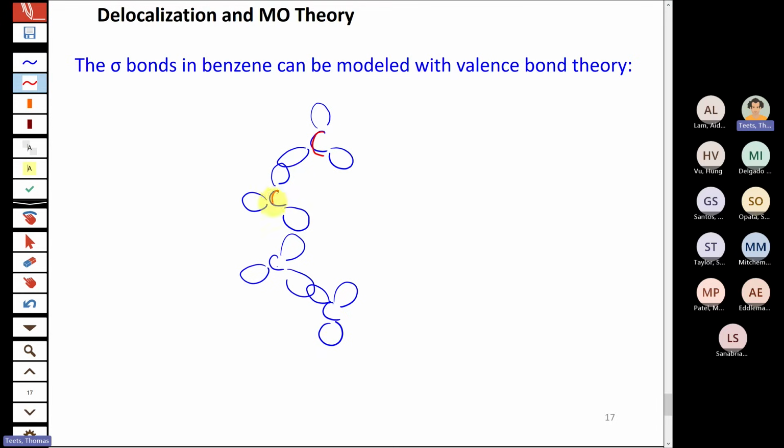So each carbon atom is there in the ring. It's going to be distorted. I apologize for that, but I failed kindergarten for having bad motor skills. So I'm pretty proud that I can draw this well. So, all right, not too bad.